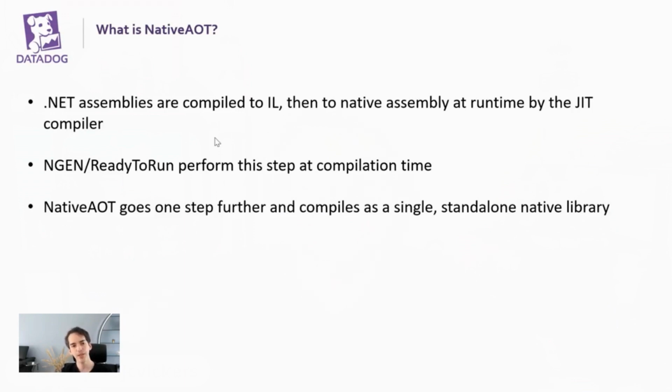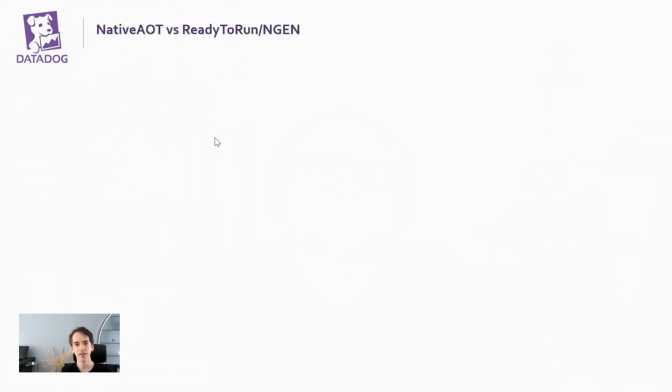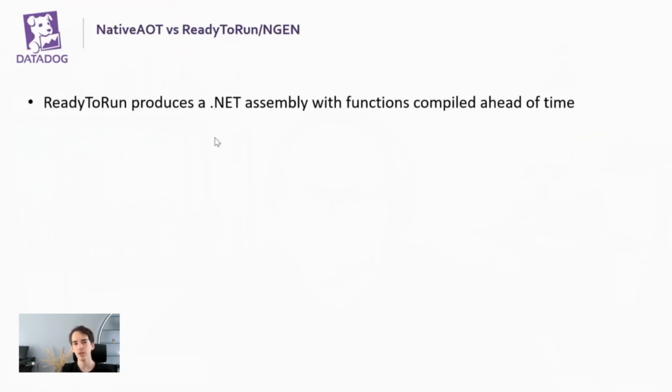So the difference between Native AOT and ReadyToRun is not easy to understand, so let's try to explain it. Basically, when you use ReadyToRun, you are going to produce a .NET assembly which contains the functions compiled ahead of time. But apart from that, it's just a traditional assembly.